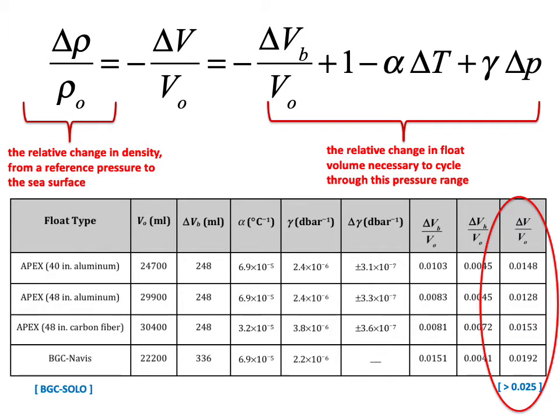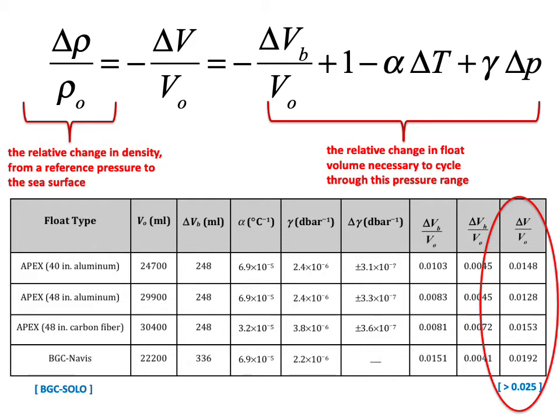So combining these two things, we get that the relative change in density or the relative change in volume is composed of 2 things here. The first one there, delta VB over V0, is the change due to the bladder, and the rest of it is due to the change in the hull itself through thermal expansion and compression.